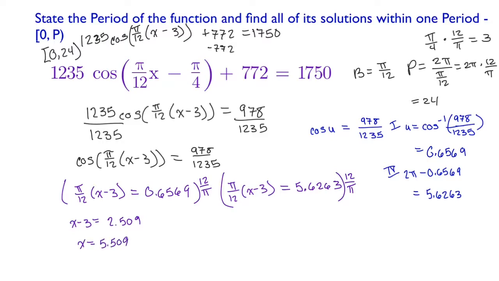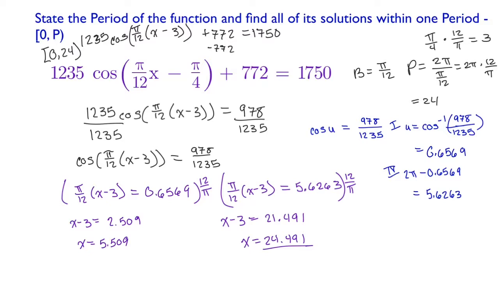Then over here, we get x minus 3 is equal to 21.491, which means we're going to get x is equal to 24.491. So what this tells us is that this one is actually outside of the one period.